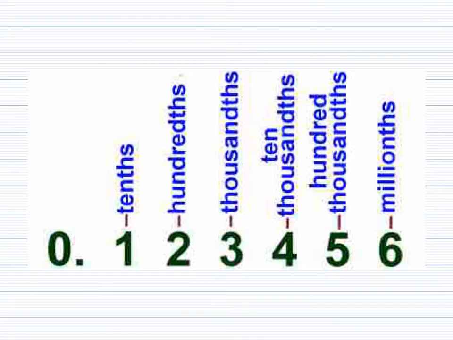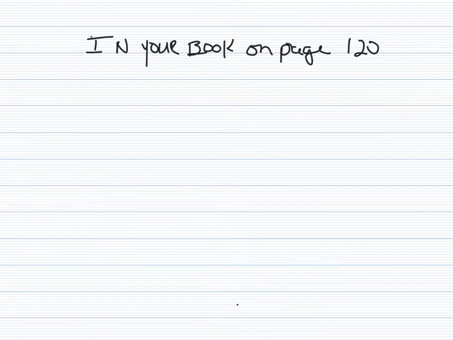And these right here, the last 3 are the hardest to remember because it repeats the thousands. So tenths, hundredths, thousands, 10,000s, 100,000s, and then it goes to millions. And in your book on page 120 is also that same chart if you forget when you're doing your homework and you need to look back.